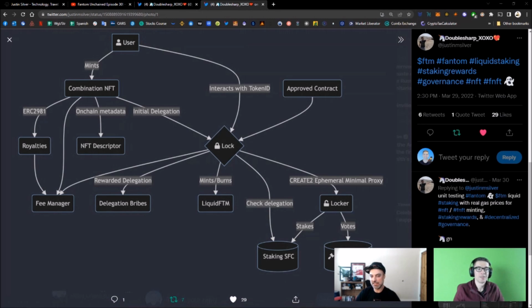There are other advantages to doing it this way. There's the storage and gas usage, and it's also nice that in between you interacting with your locker address, it doesn't exist on the chain for anyone else to interact with. Nobody can write an exploit against it because it's not there.